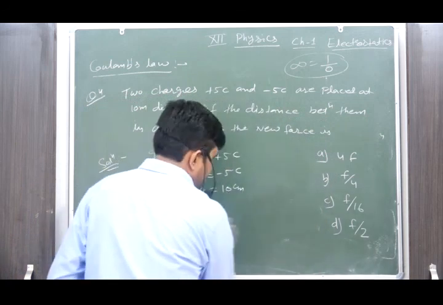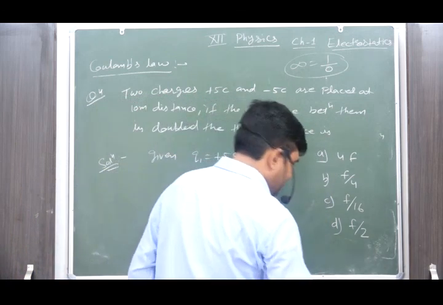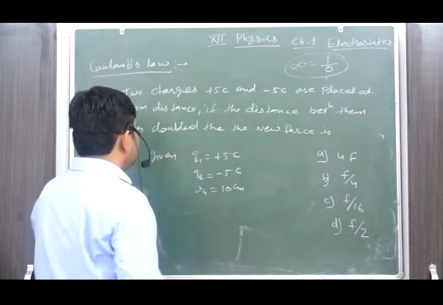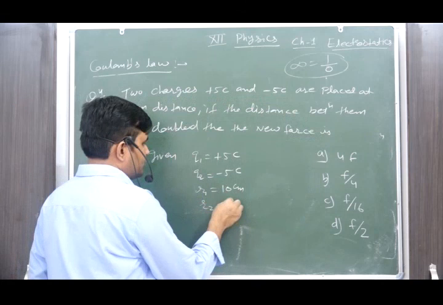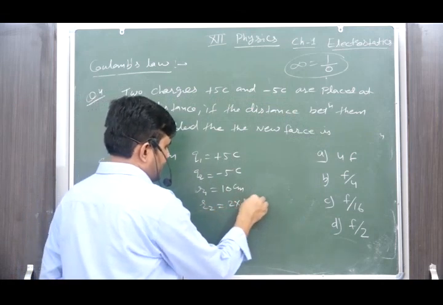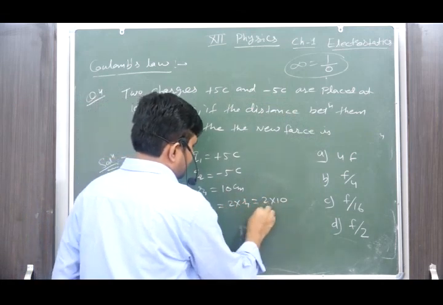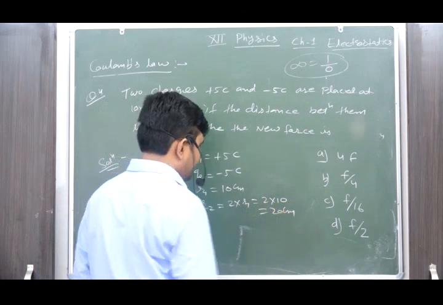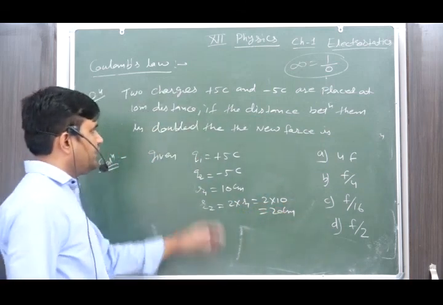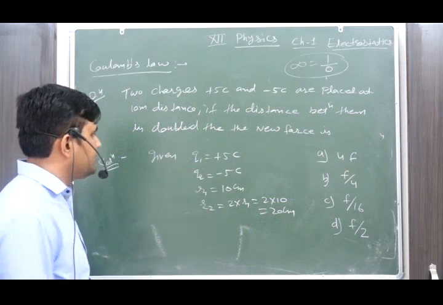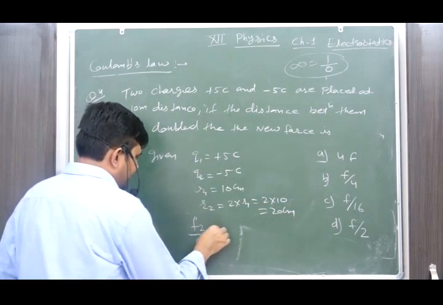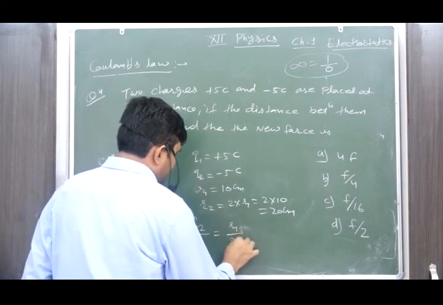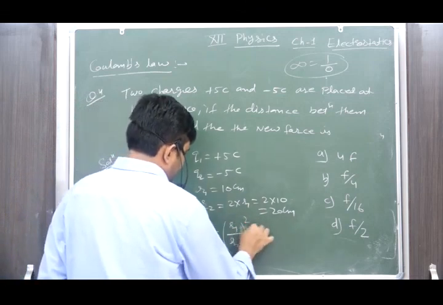Next we are going to solve it in the proper manner as per the question. If the distance is doubled, my dear students, what is R2? It is 2 into R1 equal to 2 into 10, which means 20 centimeter. But here there is no need to find these values. We just write F2 upon F1 equal to R1 upon R2 all square.